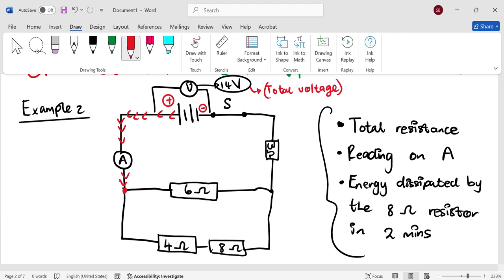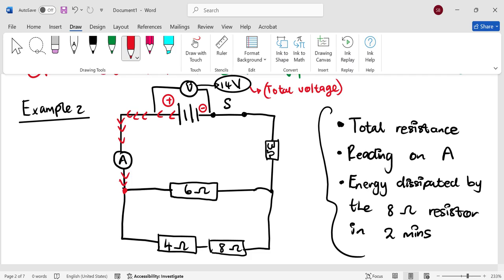So what happens when current splits? This is where current will start getting divided inversely, as per the notes that we had on our first video. We said that current in a parallel circuit is divided inversely.